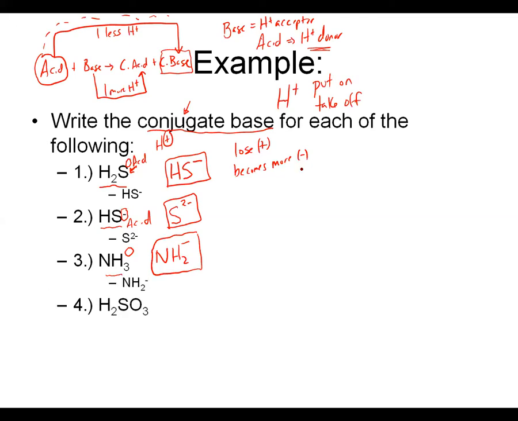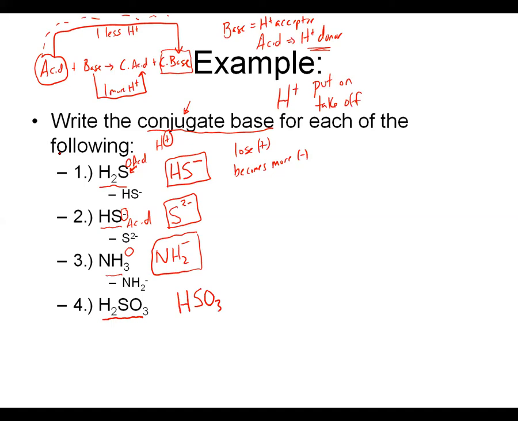Now the last one here, same idea. Since we're still looking for the conjugate base, we're going to take off an H. So when we take off an H, we have just one H left. We have an S and an O and a 3 in that case.